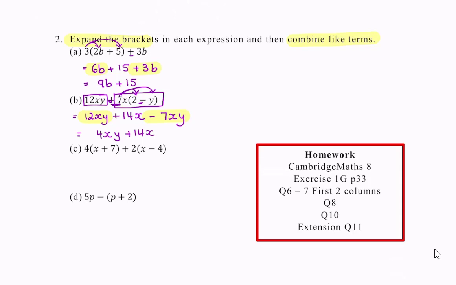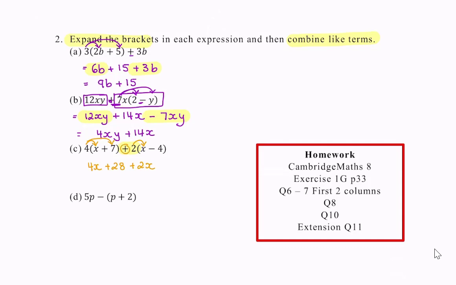So let's have a look at this next one. I've got 2 sets of brackets that I have to expand. So if I look at my first set of brackets, I'm going 4 times x, which is 4x, and then 4 times 7, which is 28. The plus sign belongs to the 2, so it becomes positive 2 times x, which is positive 2x.